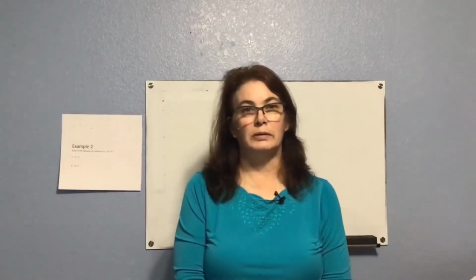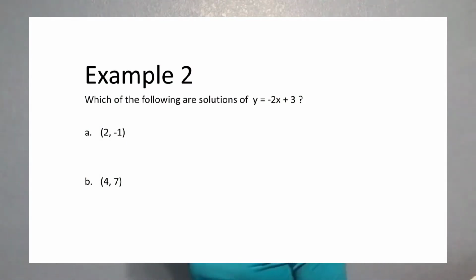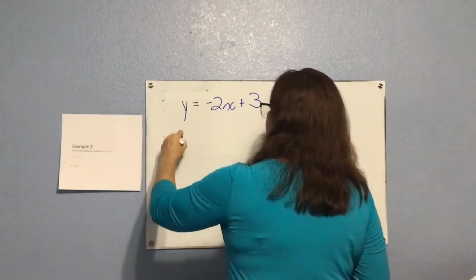Another thing we want to know when we're working with equations is whether a particular ordered pair is actually a solution to an equation. So let's look at an example of that. Okay, I have this equation, y equals negative 2x plus 3, and I've got 2 ordered pairs.